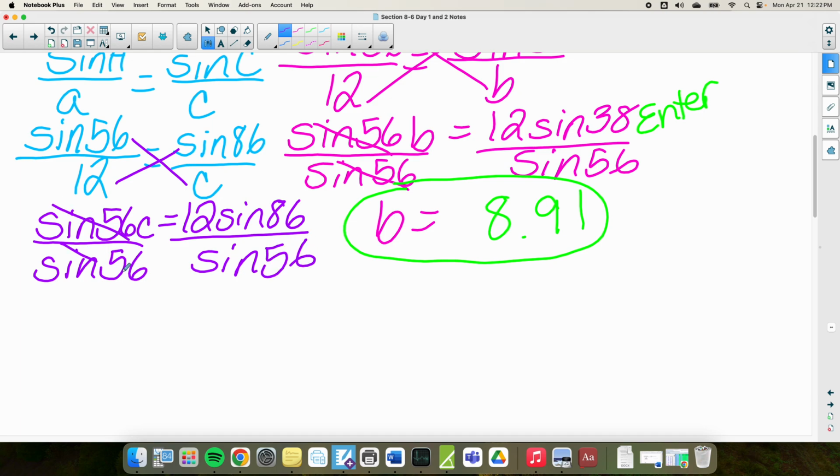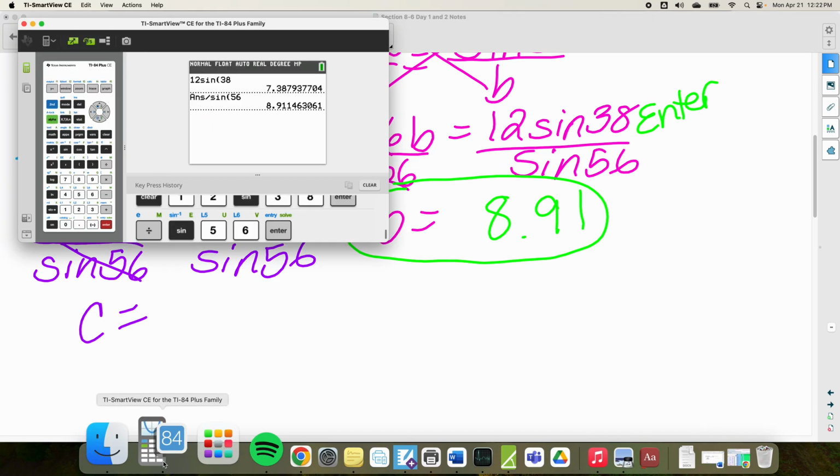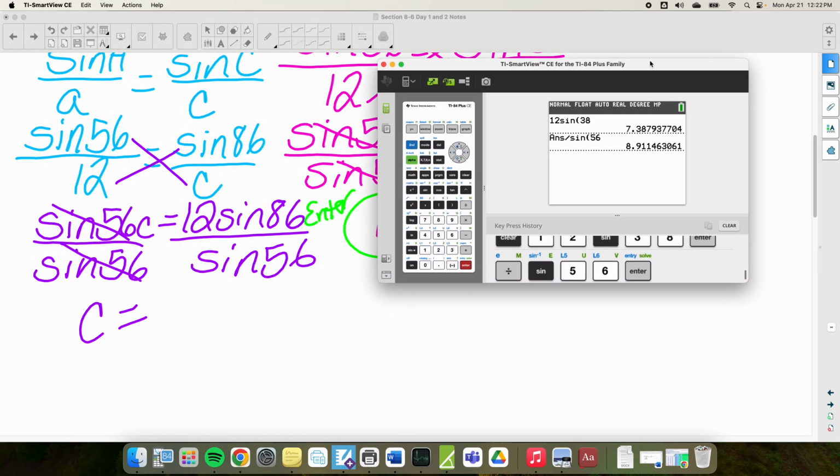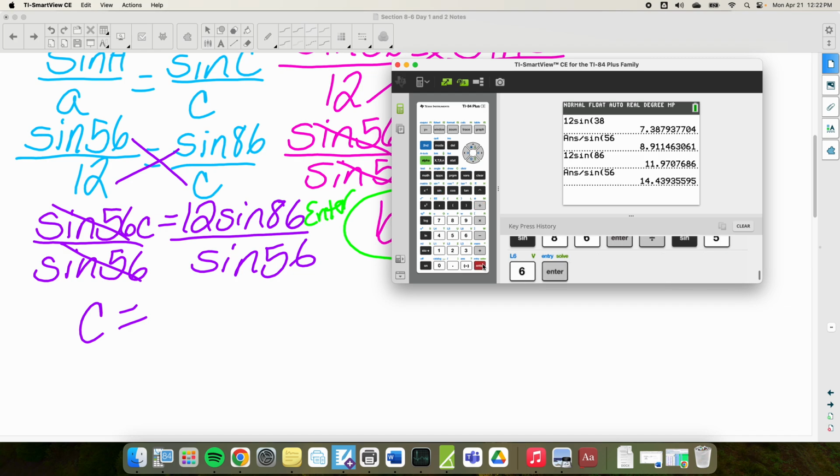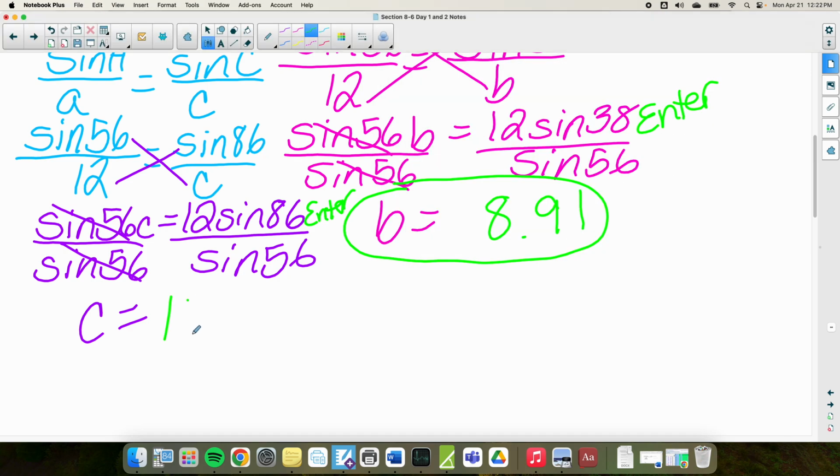And what you have to be careful of is you have to remember to hit enter here before you divide by sine of 56. So this is what we're gonna do. We're gonna go 12 sine 86, enter, divided by sine 56. And we would get 14.44. Is that what you got, Wilson? Yes. Okay.